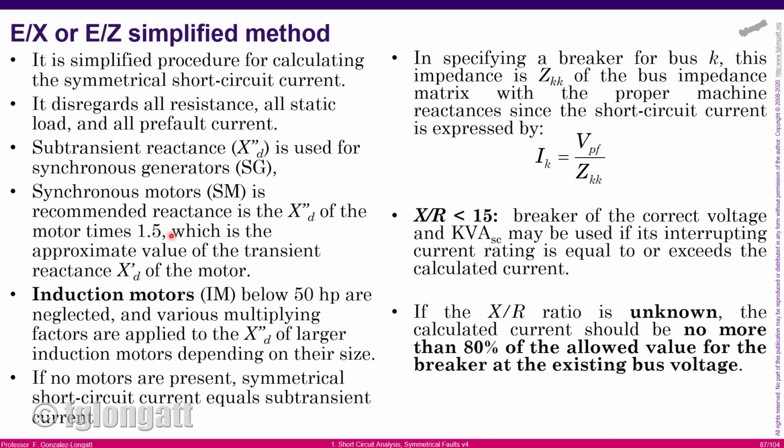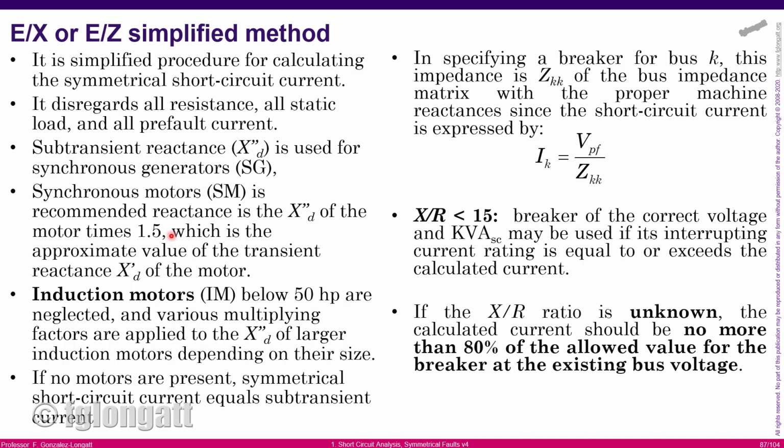In this case, for synchronous motors, you multiply the subtransient reactance by 1.5 and you get the transient reactance. For induction motors, every single motor below 50 horsepower, individual horsepower, you will neglect the contribution.